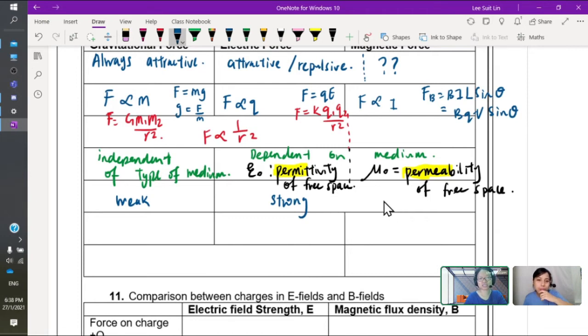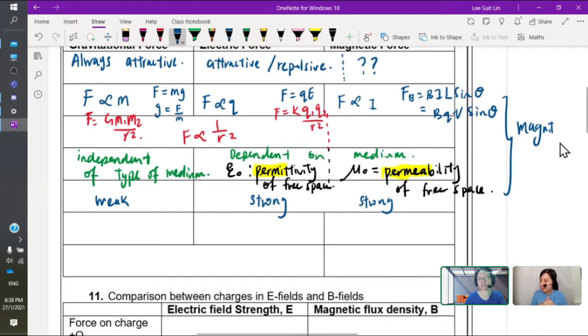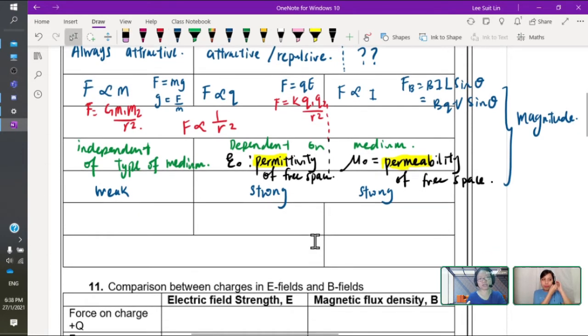Comparatively, these two forces are stronger. And let's talk about direction. So all this was a discussion about magnitudes. Think about all the videos that we have given you about state and explain, especially if they ask you to describe the forces. We describe the magnitude, and then we talk about direction.